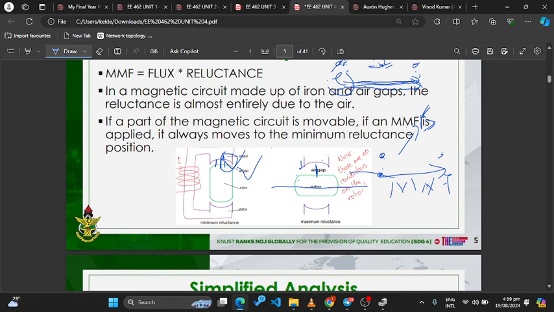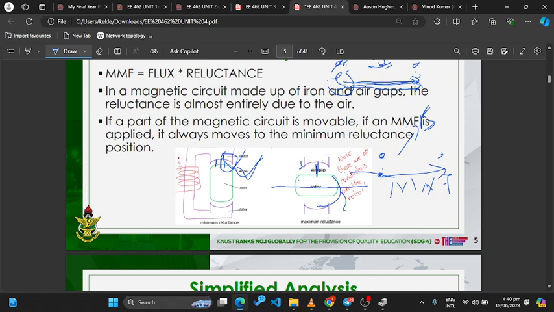So for this motor, whenever the rotor is at a position such that the reluctance is very high, the motor will produce a torque that will move this rotor to align in such a way that there will be a very small reluctance path for the flux to flow.